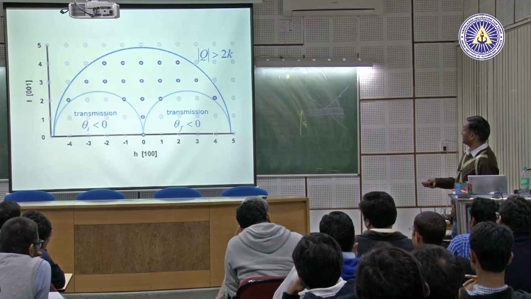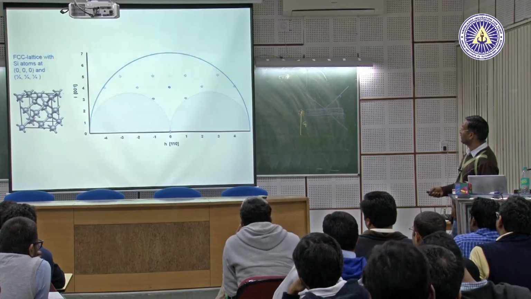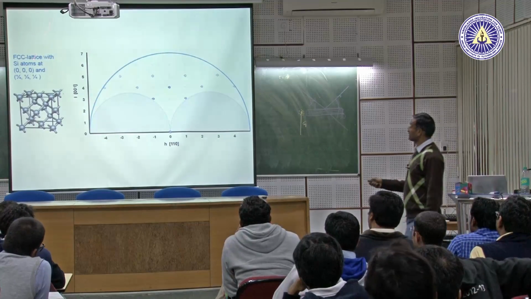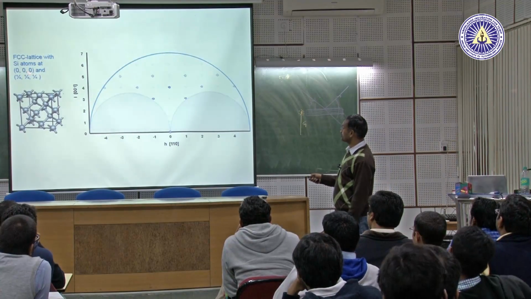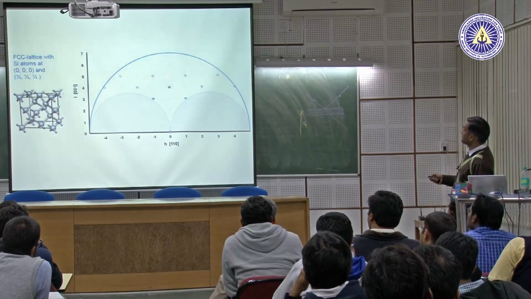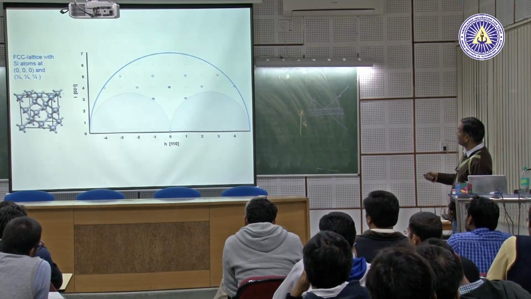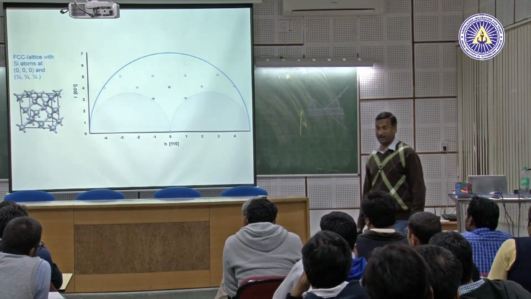Yeah, it's basically the same thing in a bigger fashion. For an FCC lattice, for example silicon with atoms at 0, 0, 0 and 1/4, 1/4, 1/4, the only spots that are permitted are the ones in blue. Anything else does not diffract.